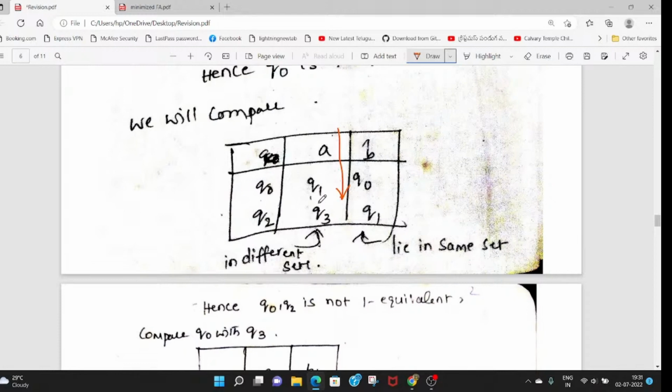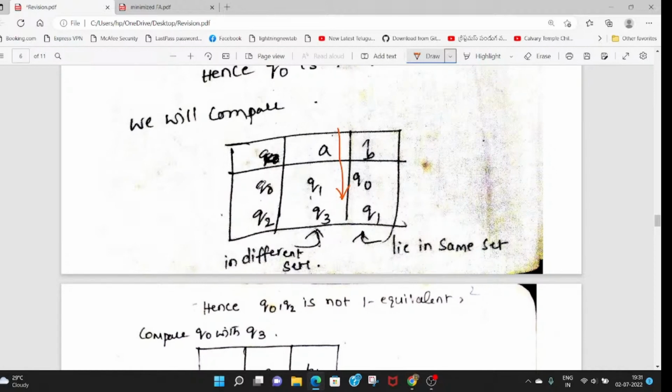One time I'll be in an intermediate state and one time in a final state, so these two states are not included in the same group. You have to decide which comes under the groups, and you consider these inputs also. By taking the same input, we see what the differences are, and we mark those as different states.